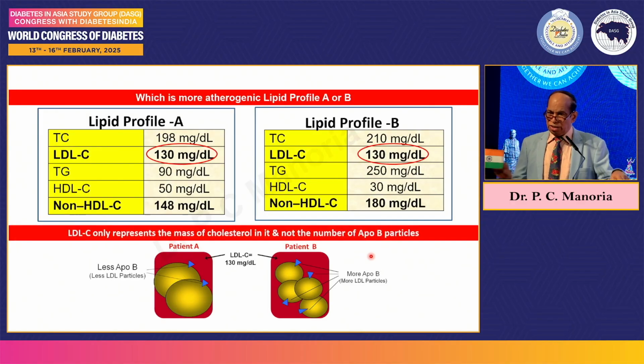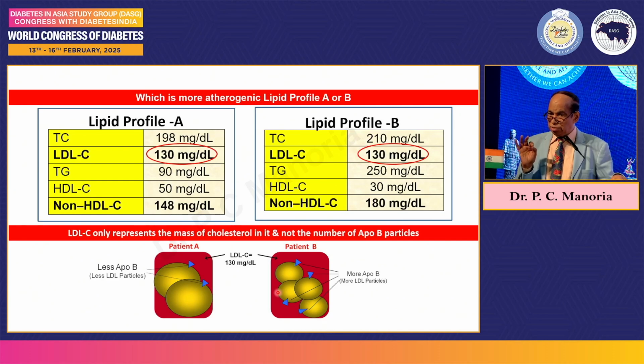So this is very important to remember, particularly when you are dealing with a diabetic patient with hypertriglyceridemia, because LDL only represents the mass of cholesterol in it. It does not give the number of particles. So if you have large buoyant LDL particles like this, you may have only 2 particles, LDL 130. On the other side, you have a lot of small dense LDL, you may have 4 or similar like this.